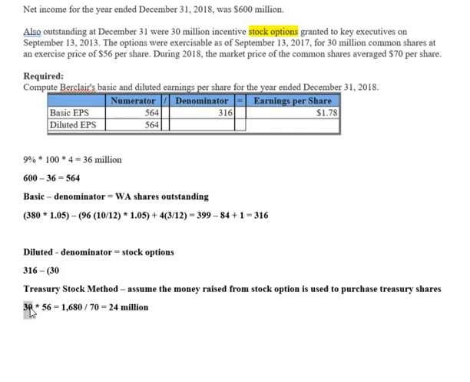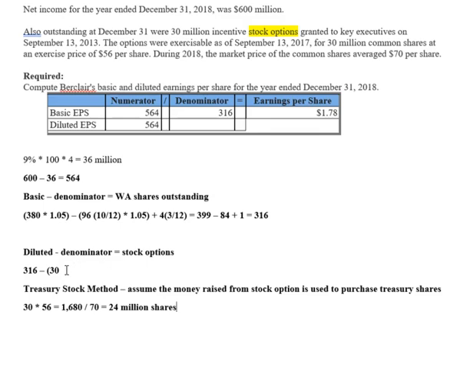We had 30 million shares, and they were allowed to purchase them at $56 each, which gives us $1,680 in cash in total, in millions, of course. We would use all of that money to rebuy shares, so we take that 1,680 and divide it by the average price per share, 70. That means we could have repurchased 24 million shares.